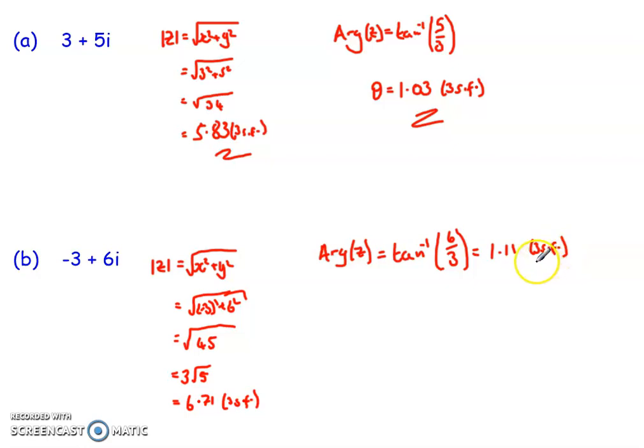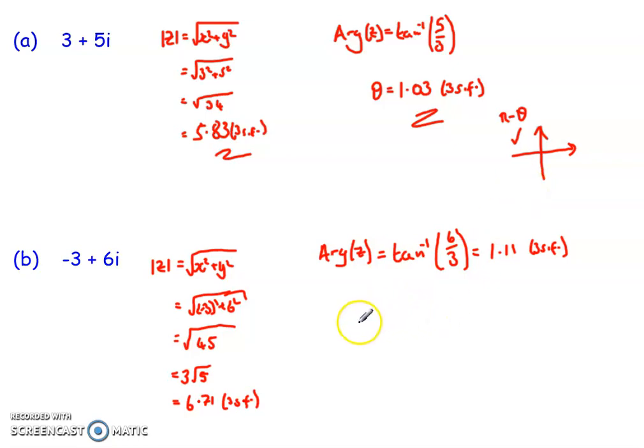So we get 1.11. Now if we think about our diagram, our imaginary plane, think of where the point's plotted for this one. So I've got a negative x and a positive y. So it's going to be in this quadrant here. And remember, to bring the theta to where we want it associated with this quadrant, what we have to do is pi minus the theta for that.